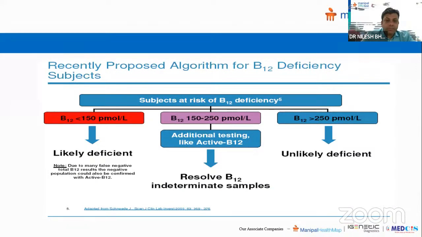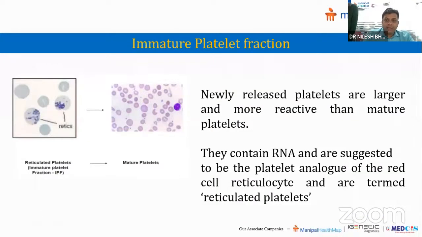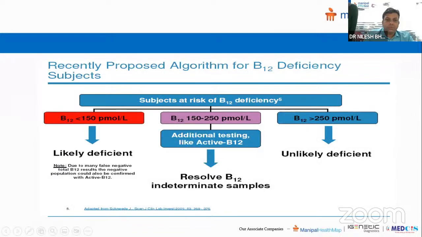So how do we diagnose a B12 deficient subject? Whenever the total B12 level is less than 150, these patients are likely deficient in vitamin B12.